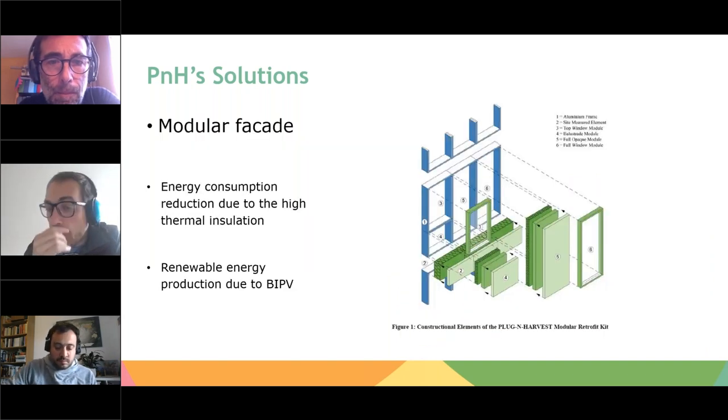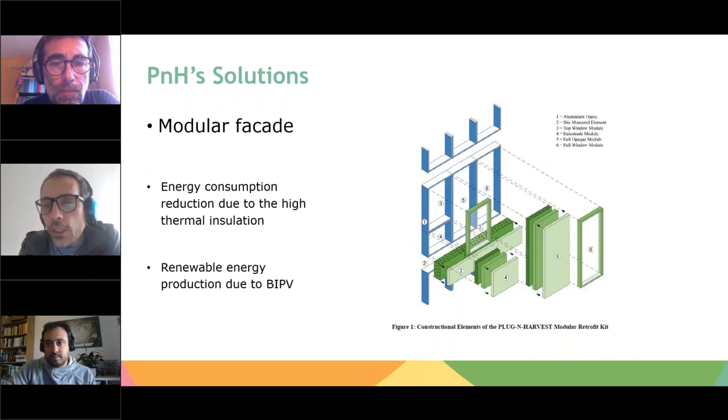Exactly. We have applied this modular solution in Cardiff, in Agen, in Grevena, and here in Barcelona. The idea is not just to be able to build it in several countries of Europe, but also that the designs could be manufactured by many manufacturers.